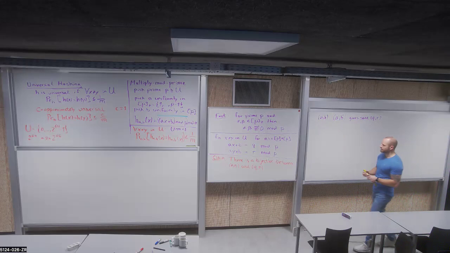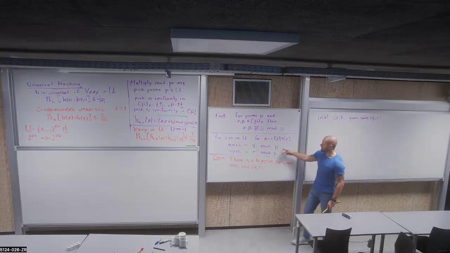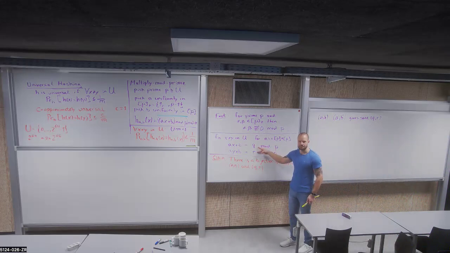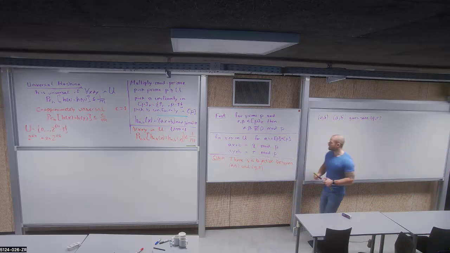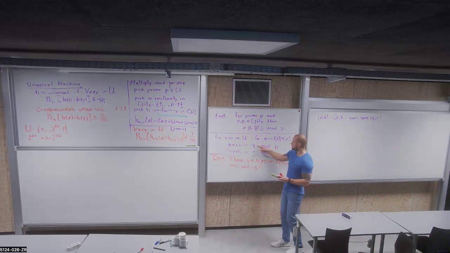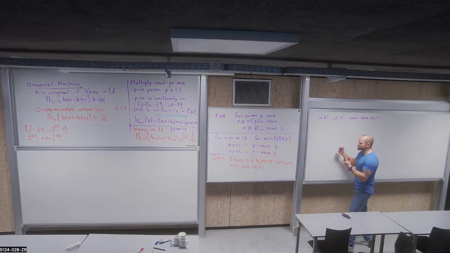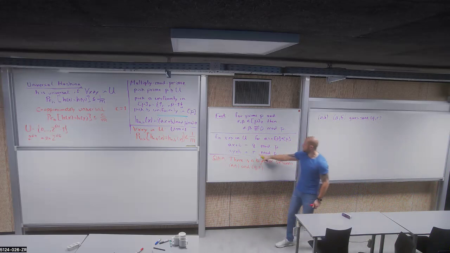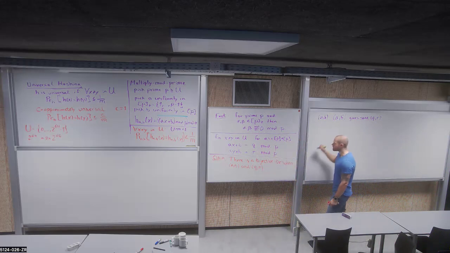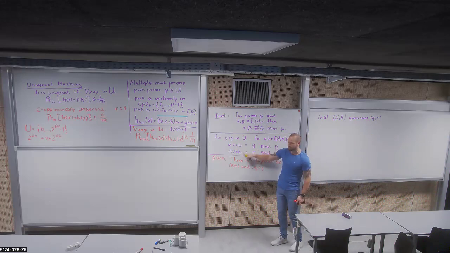So what can we do? We know that these pairs satisfy these equalities here, by definition. So we can start by subtracting one equality from another. If I subtract this one from that one, the b's cancel out, right?